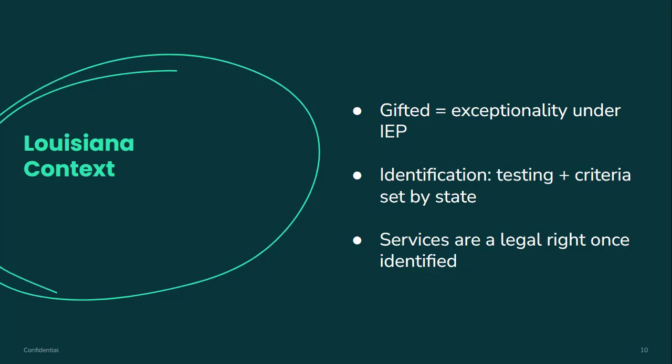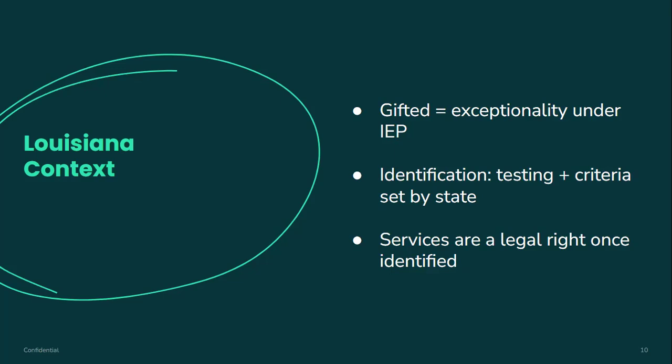I also want you to think about the underlying issue that might be happening in Louisiana. Because we do have this very important policy in place that provides IEP services to students who are identified as gifted.